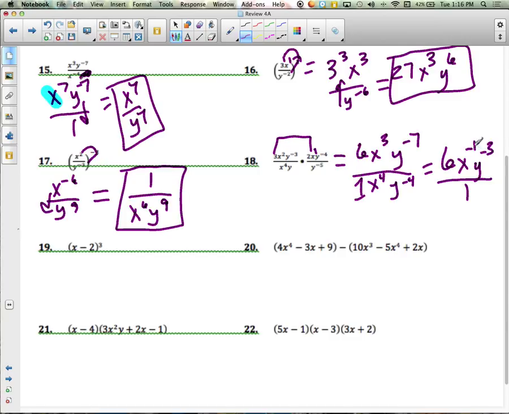You notice the negative exponents on the x and y, they're not happy. They're up in the attic. You have to bring them down to the basement here. So that gives me a 6 over x, y to the third. When you drop those variables down, the exponents become positive. Once all exponents are positive, then you are done. So that's our final answer.